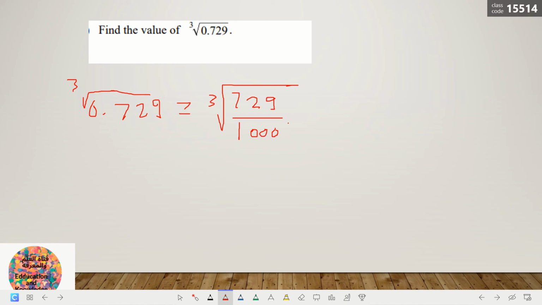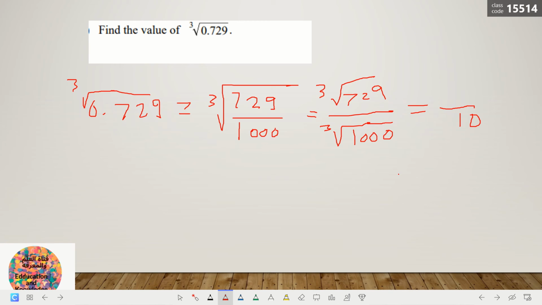Then I split the cubic root into the numerator and the denominator. So the cubic root of 729 over the cubic root of 1000. We know that the cubic root of 1000 is equal to what? It's equal to 10, because 10 times 10 times 10 is equal to 1000.